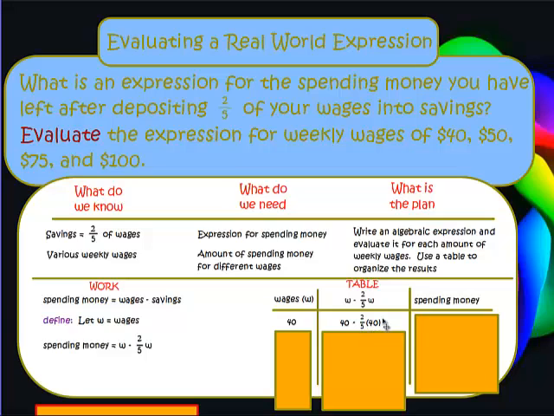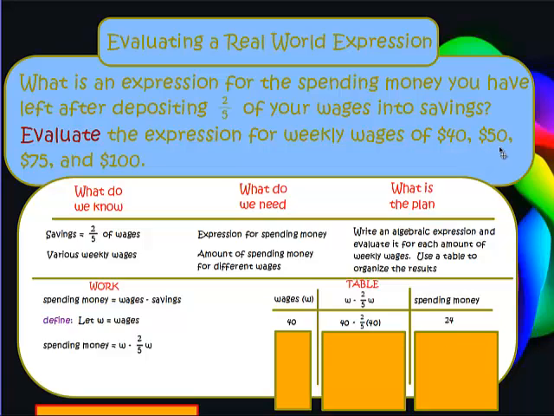The next thing I need to do is anything that has to do with multiplying or dividing. So I'm going to do the multiplication of 2/5 times 40, and then I'm going to take 40 and subtract that from it. Go ahead and use your calculator and do 2/5 times 40, and then take 40 and subtract that answer. You'll get 24.